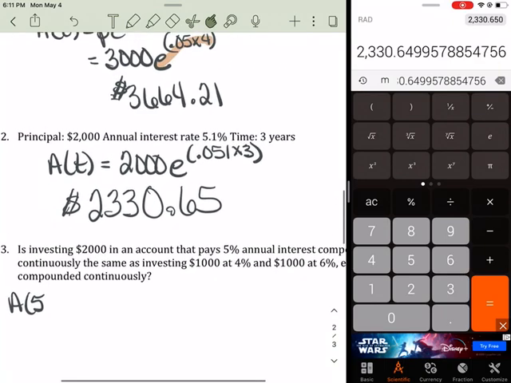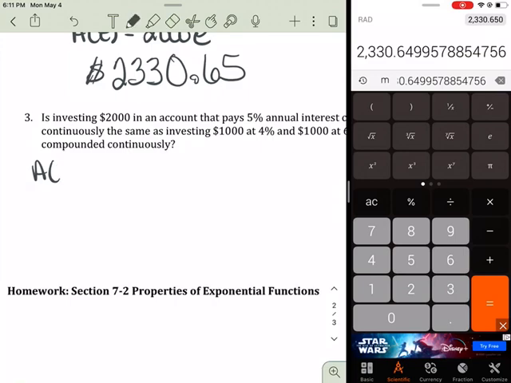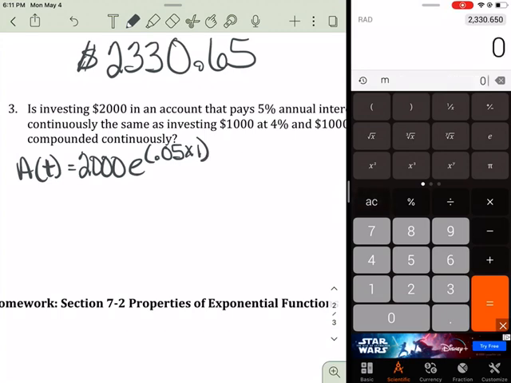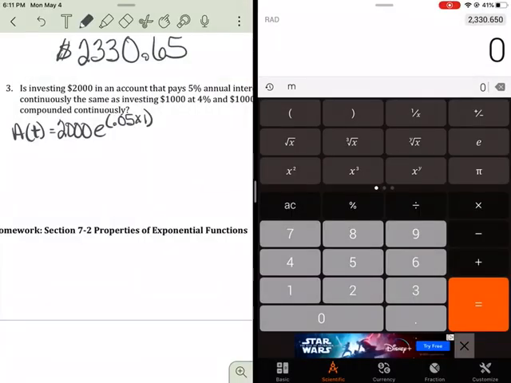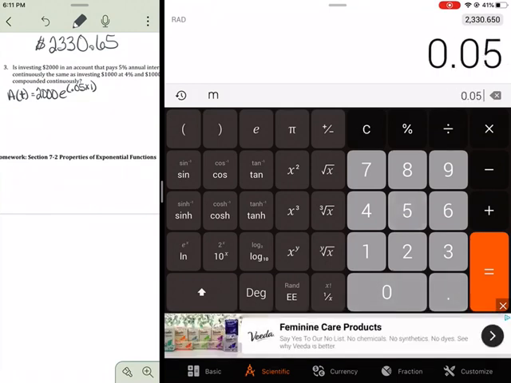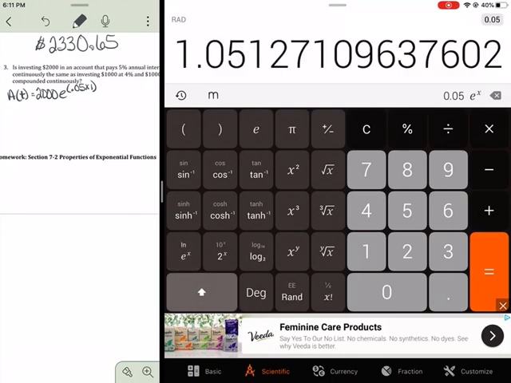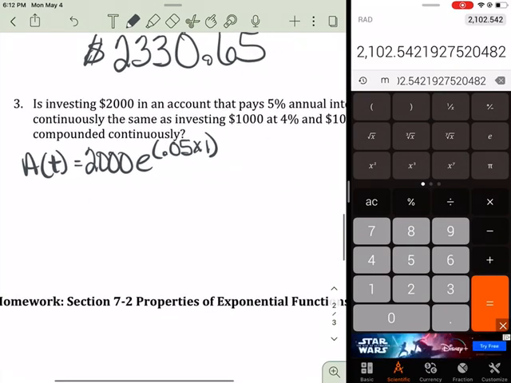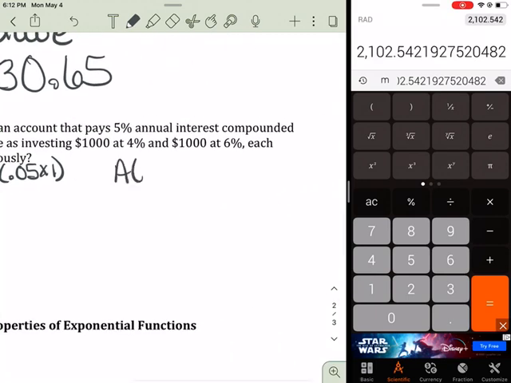So let's do the 5% one, and we're going to say that this is 1 year. I get $2,102.54.